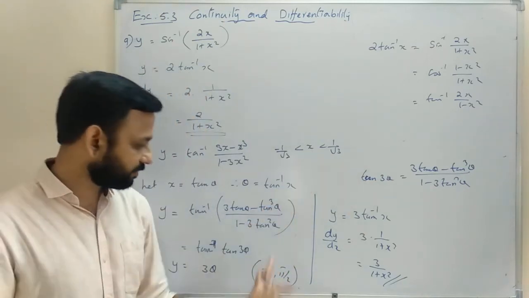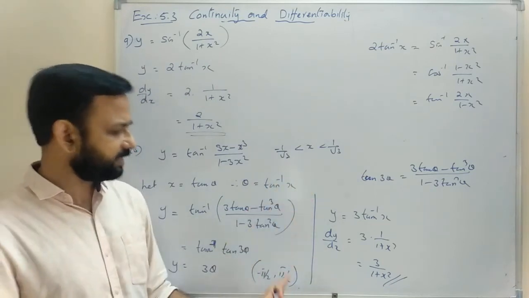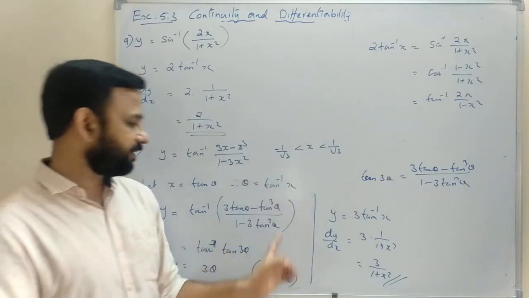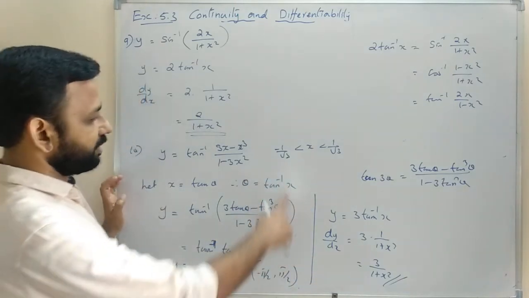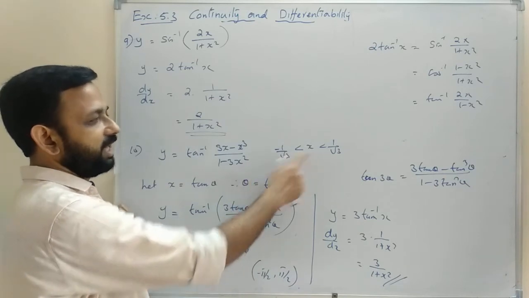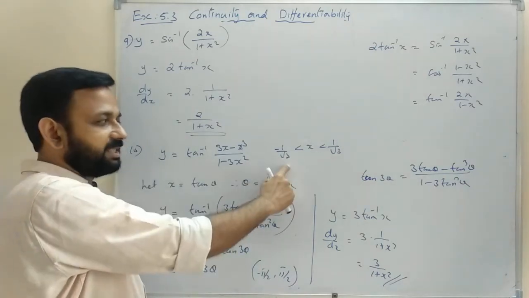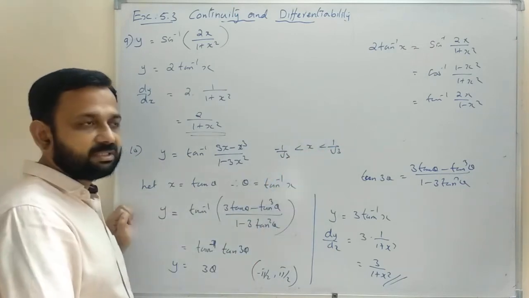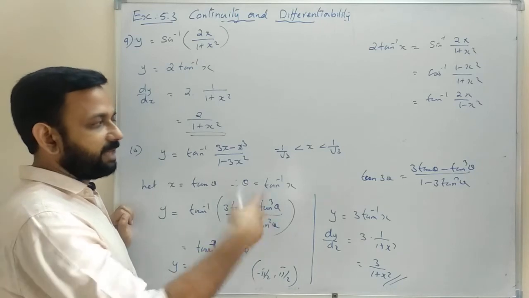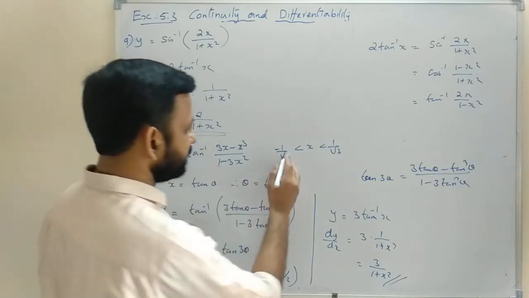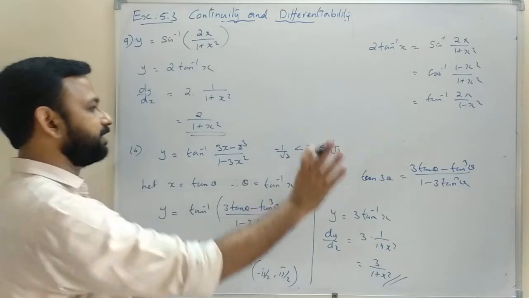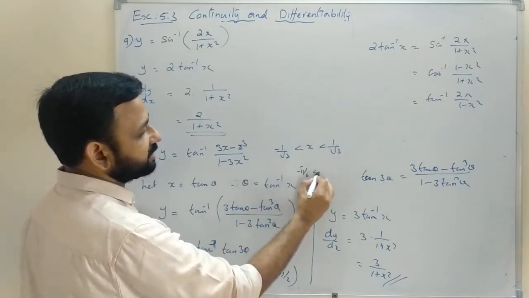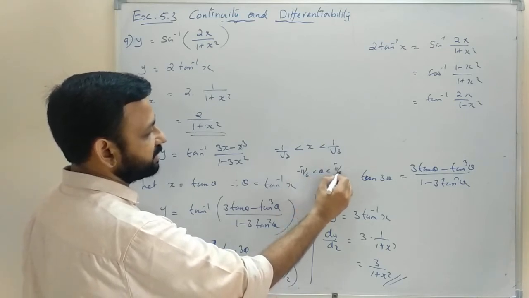We actually need not verify whether 3 theta lies between minus pi by 2 and pi by 2, but it will be, when x lies between minus 1 by root 3 and plus 1 by root 3, that means theta lies between minus pi by 6 and pi by 6.